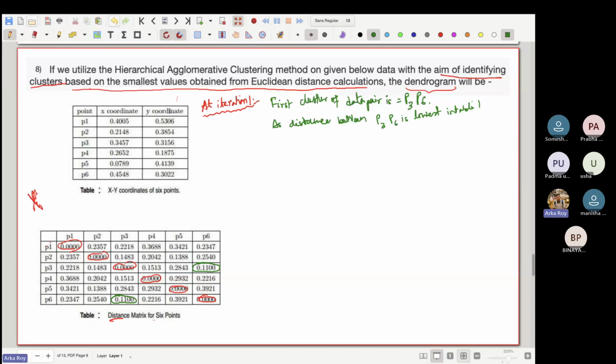Sorry, table 2. This is table 1, this is table 2. So this is the first cluster. We can call P3, P6 as cluster 1. Now we have to go for iteration 2.